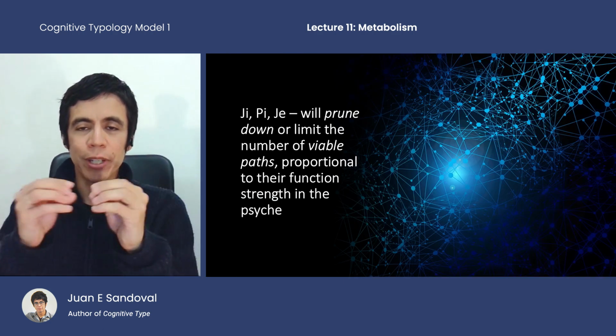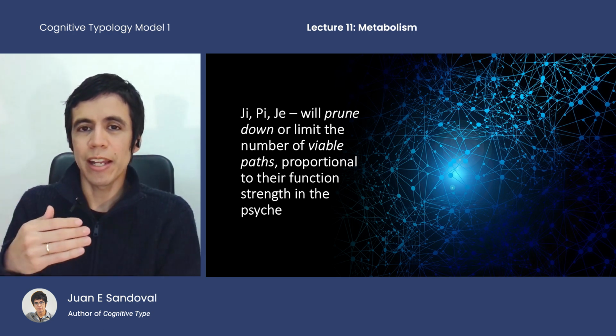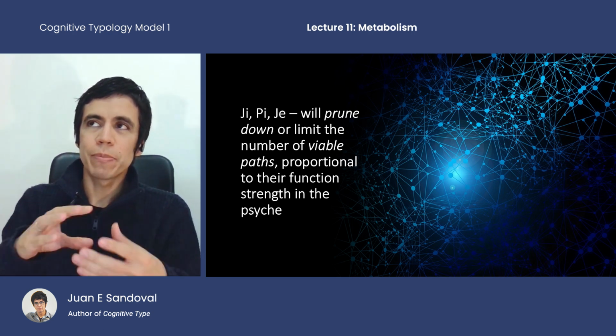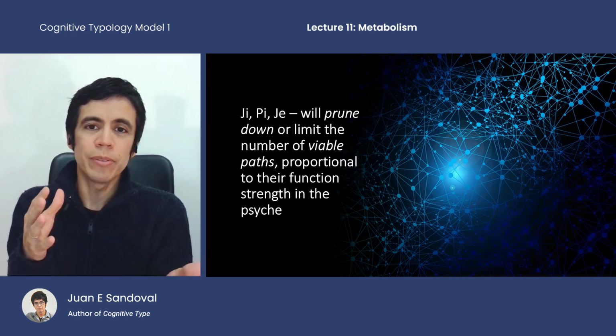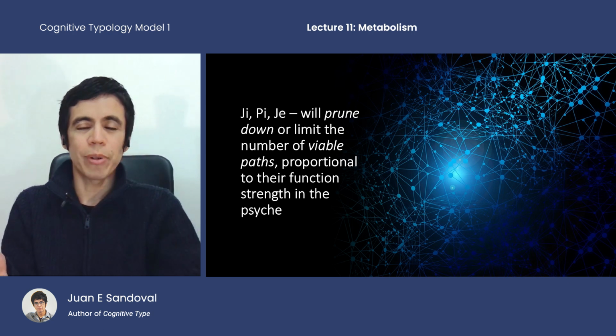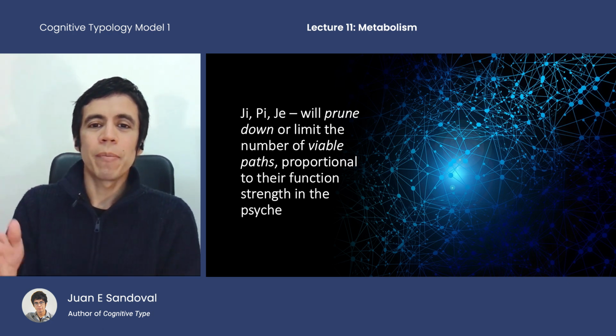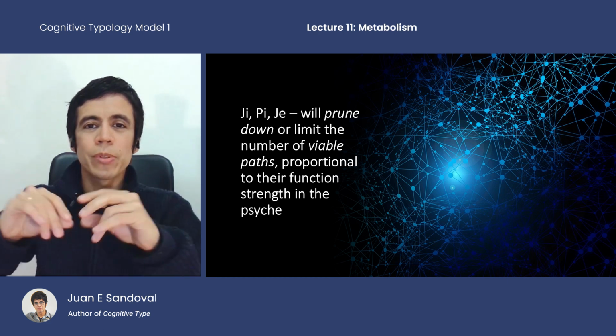Now, in practice, the combination options are pruned down a little bit with the help of JI and PI and JE, which makes some connections unviable. For example, if it's too unrealistic, JE might say that breaks causality, PI might say that breaks continuity, JI might say that's inaccurate. So some of these will just fall by the wayside.